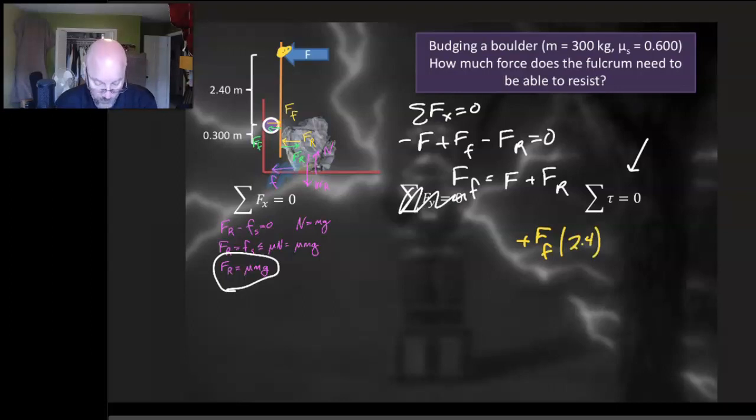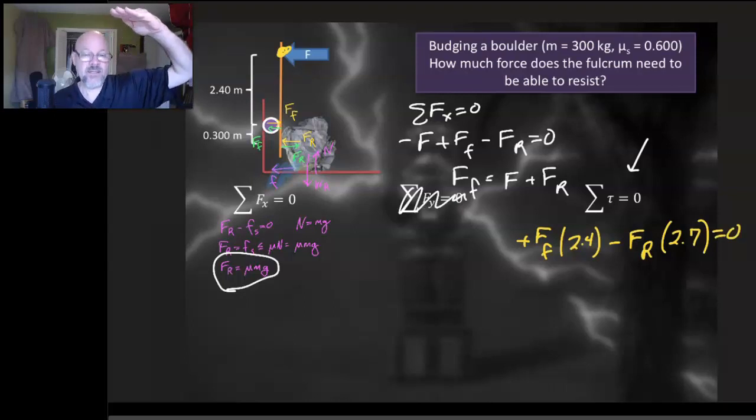But the rock is pushing in the opposite direction. So there's our F sub R, and it's at a distance of 2.7. If that seems a little odd, we had to go down 2.4 and then go down another 0.3, so 2.4 plus 0.3 gets us to our 2.7.